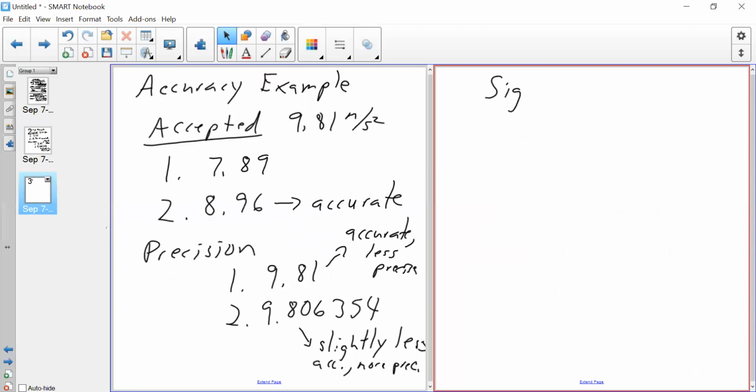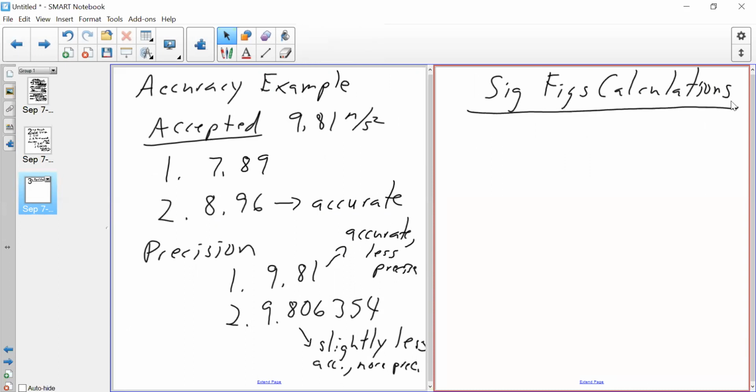The next thing: sig figs calculations. We did a brief introduction into what a sig fig is and how we count the number of sig figs. I just made an allusion to that a few seconds ago. We don't count any leading zeros. We count everything after the decimal. But if we have a leading digit, we count the leading digit and everything after the decimal.